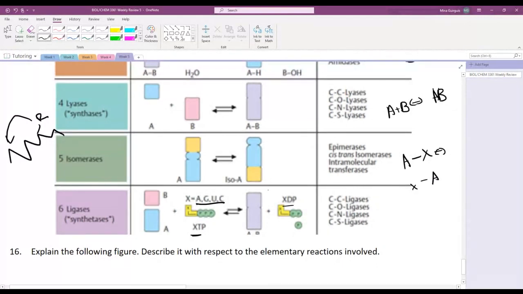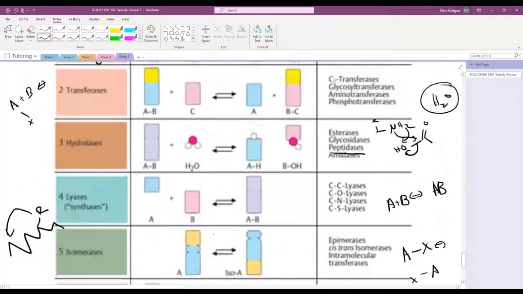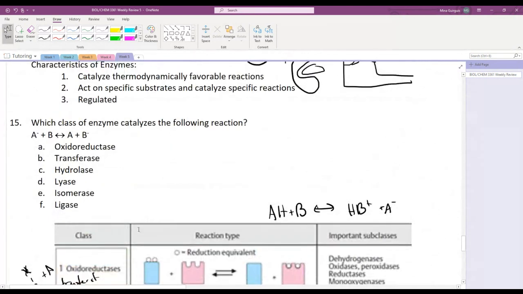We get adenosine triphosphate and so on. So we use the energy of XTP cleavage in order to synthesize something. So these are very different from lyases, or slightly different, because lyases, synthases, don't use an external energy source. Ligases do. Okay, so let's talk about this question. What kind of reaction do you guys think this is, or what kind of enzyme, if you just want to jump to the answer?